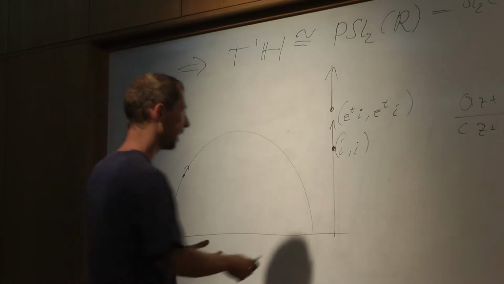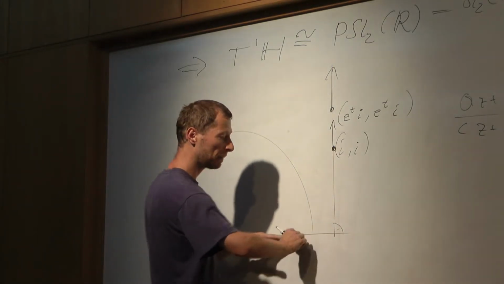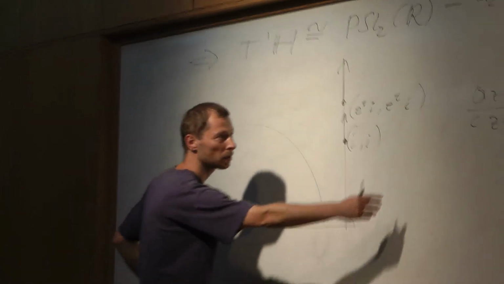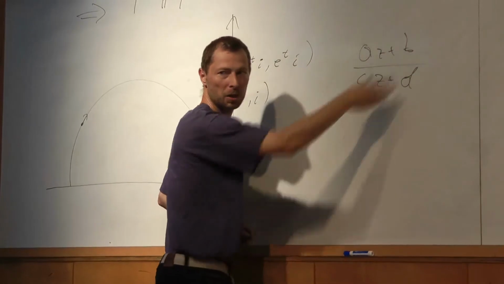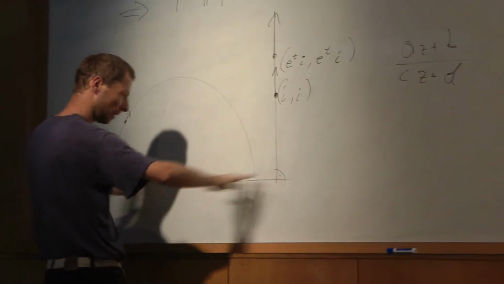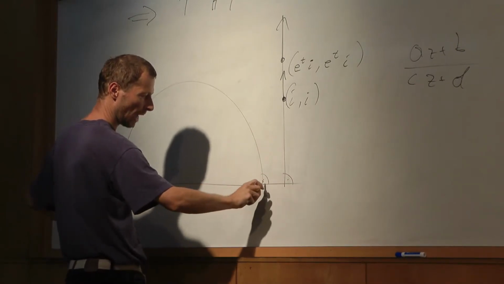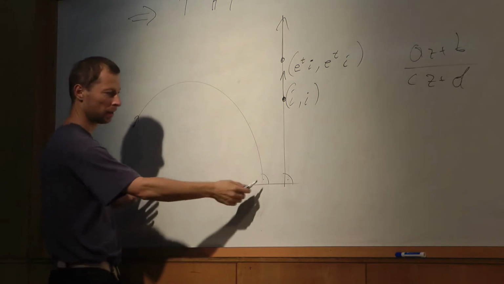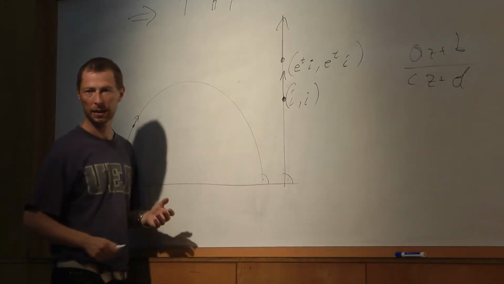And they preserve angles, right? They map the real axis to the real axis, because if you plug in real numbers, you have a real expression. So the boundary goes to the boundary, and the angles are preserved. So the other circle has to also hit the boundary at a 90 degree angle.